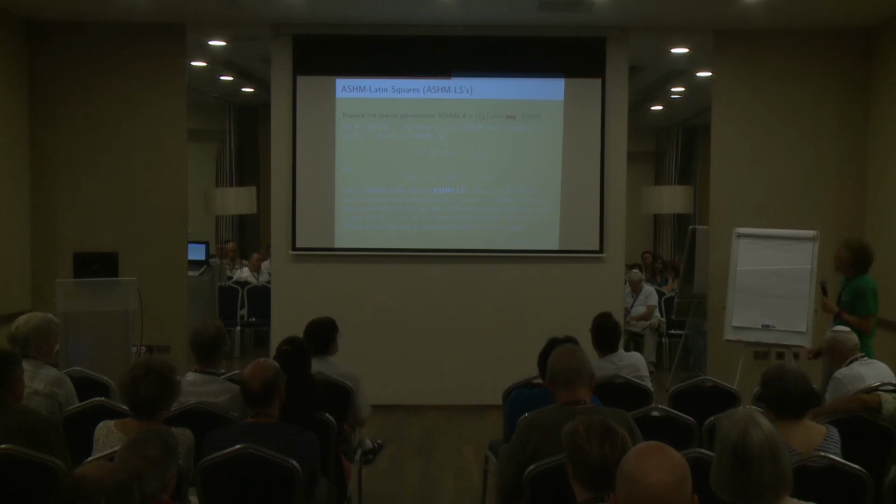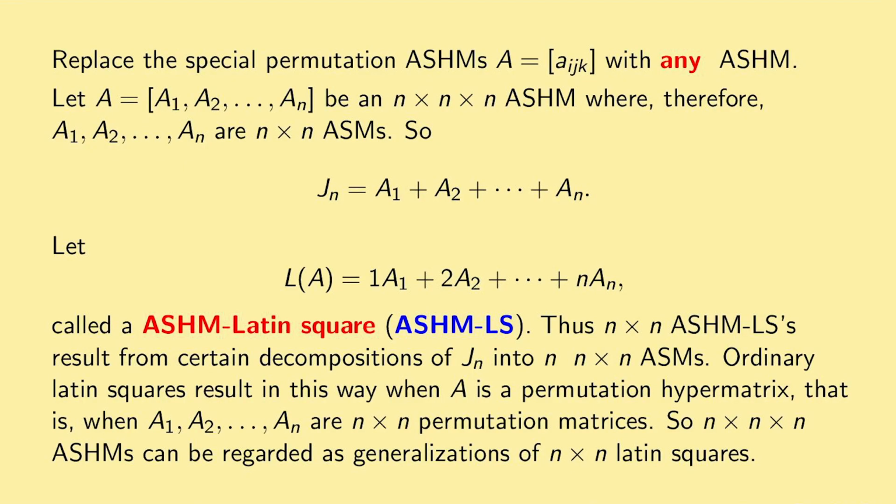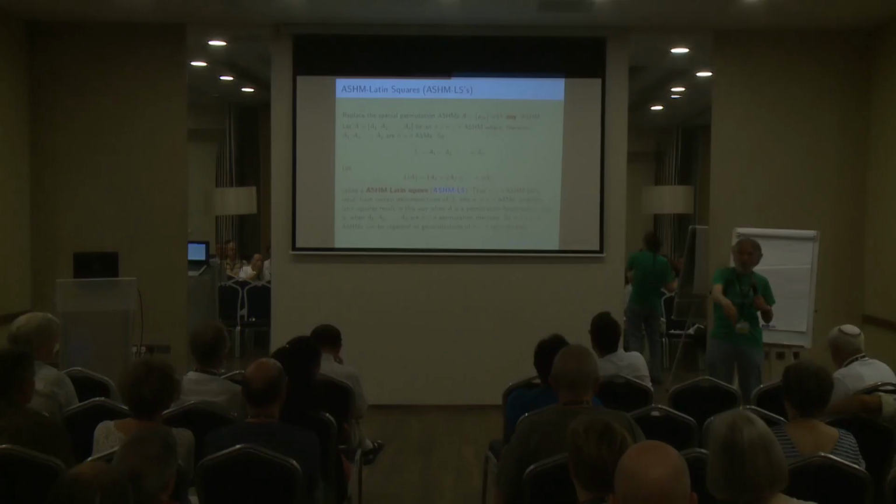Remember, the permutation hypermatrices are special alternating sign hypermatrices. So what do I mean by that? The following. If you take an n by n by n alternating sign hypermatrix, here it is, and you add up the entries, say, in each of the vertical lines, what are you going to get?